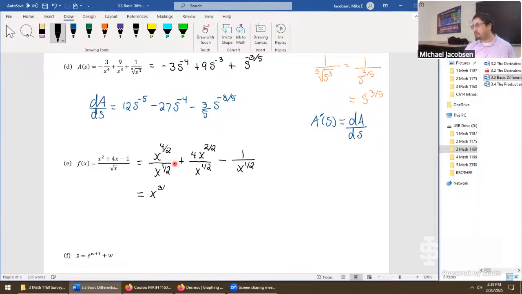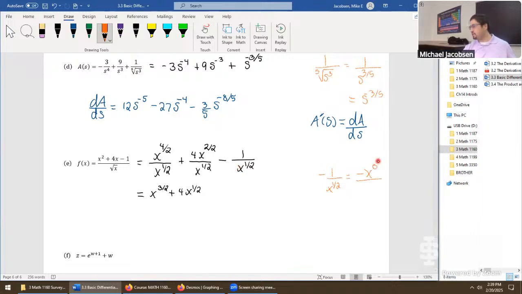So x is to power 3/2 on the first term, plus 4 x to the power of 1/2 on this term. And we always say you bring x up when making it negative. But what's really going on here, if we did it on the margin, is that -1 is just the same as -1 times x power 0.